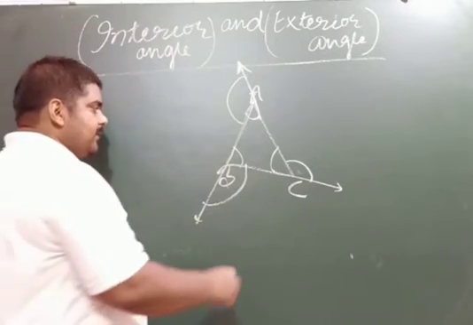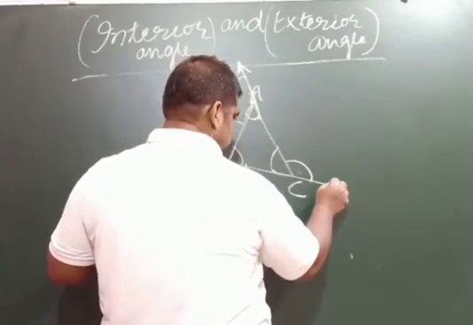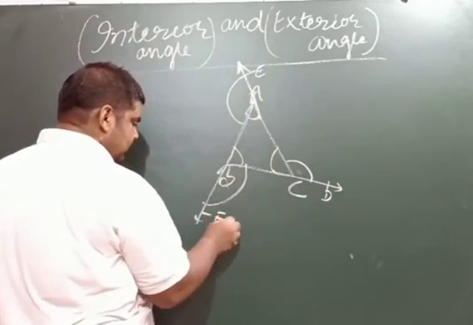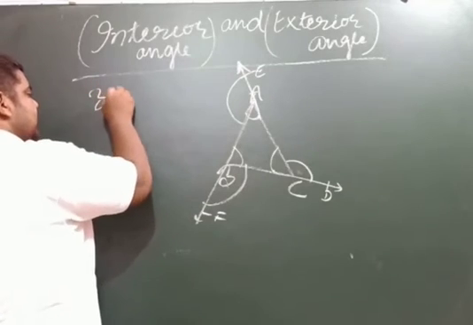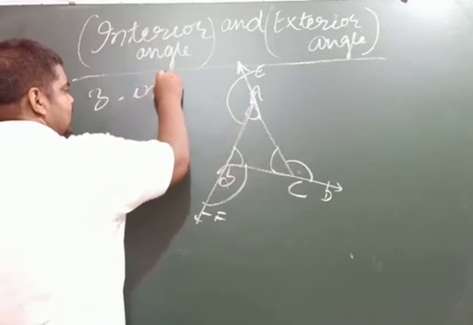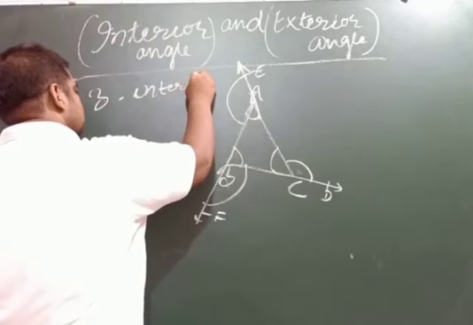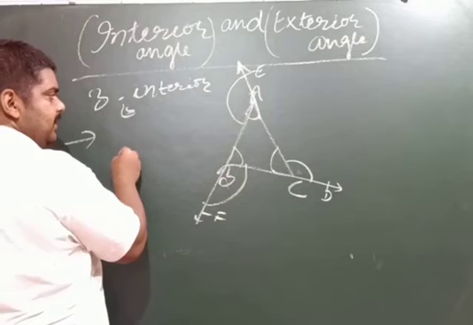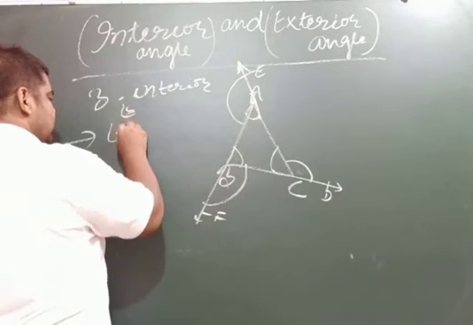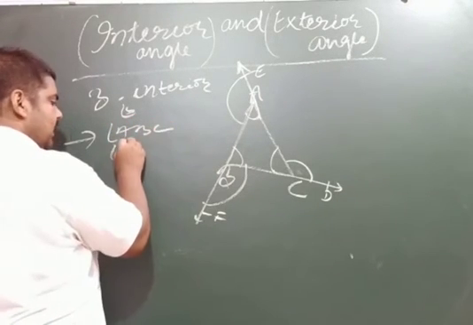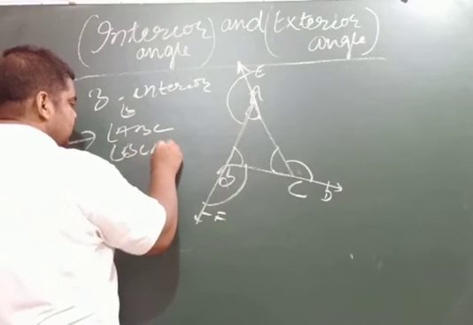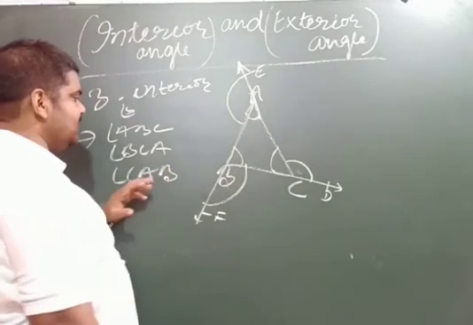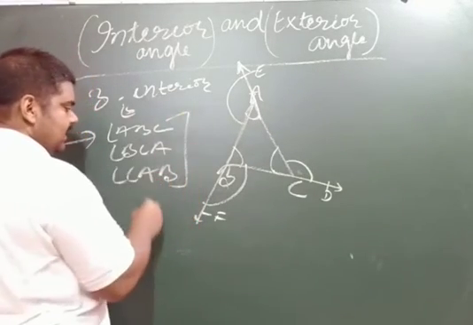And if you name the extension points D, E and F, then the three interior angles you can name angle ABC, angle BCA, and angle CAB. These three are interior angles.